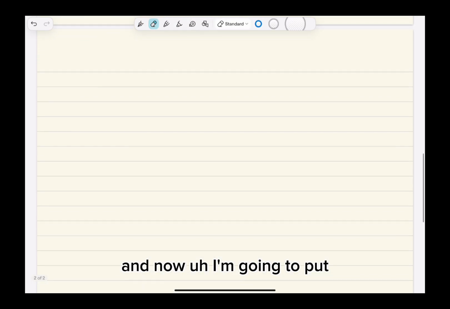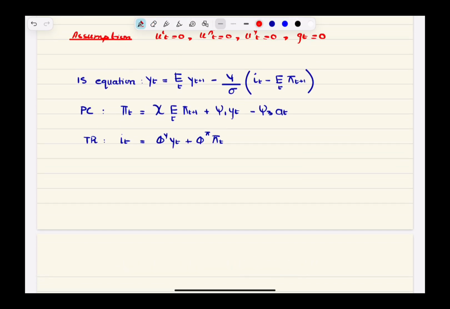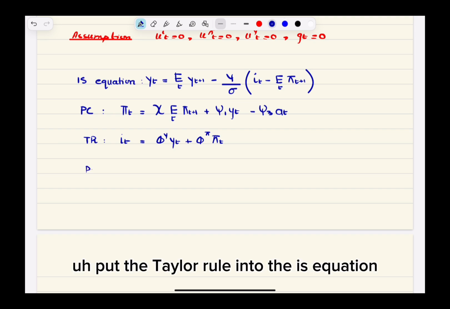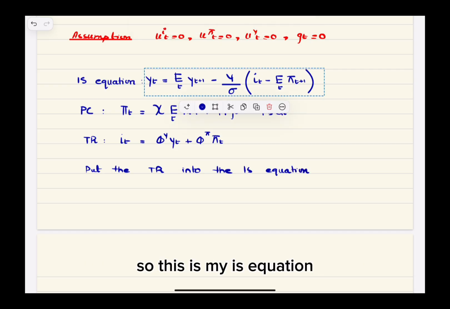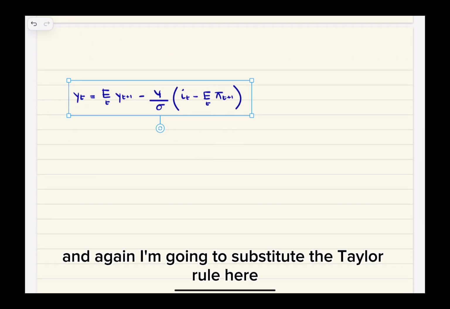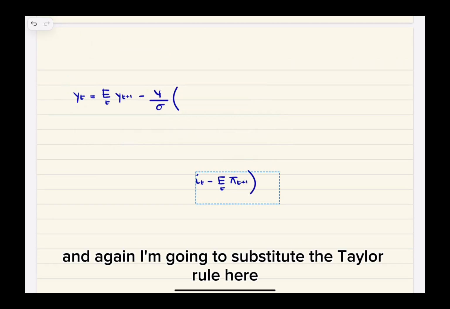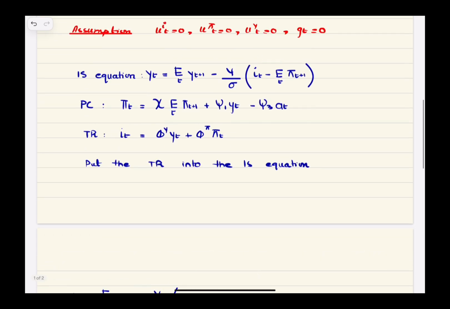And now I'm going to put the Taylor rule into the IS equation. And then we'll get a 2 by 2 system. So this is my IS equation. And again, I'm going to substitute the Taylor rule here. This was my Taylor rule.